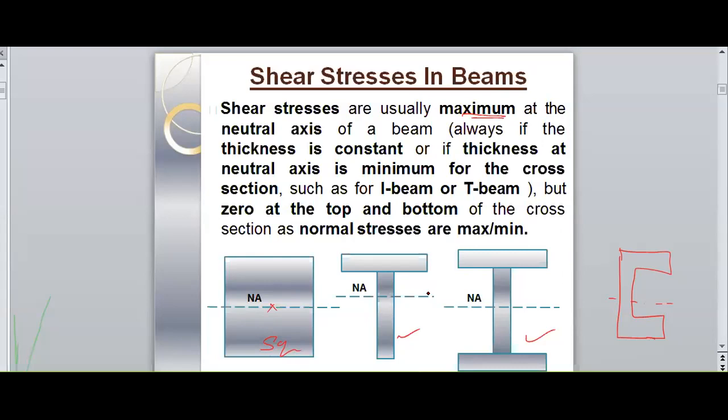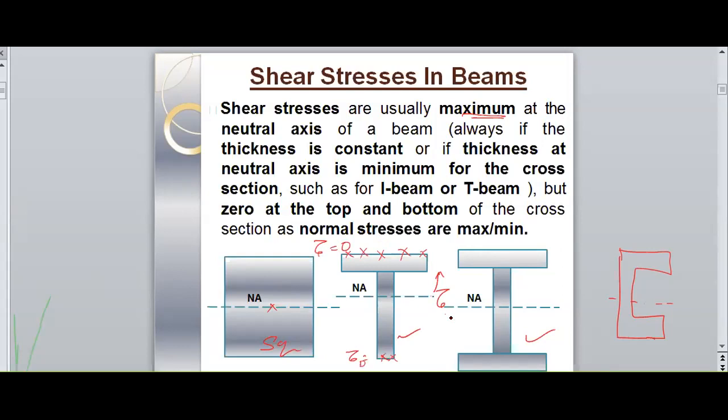When we are moving away to the topmost layer, the stress will decrease. At the topmost layer, the shear stress is 0, and at the bottommost layer, the shear stress is 0.